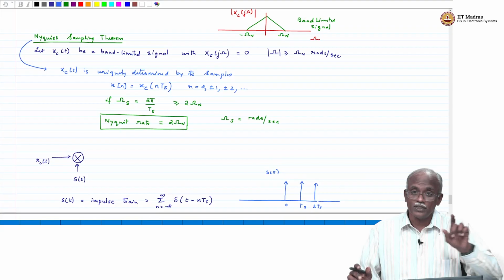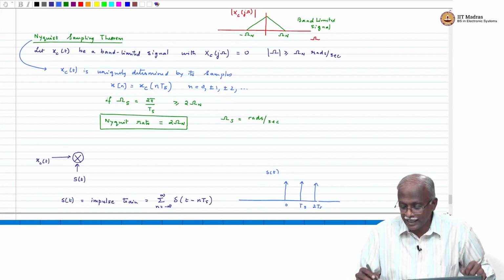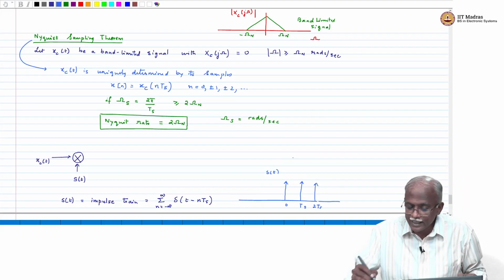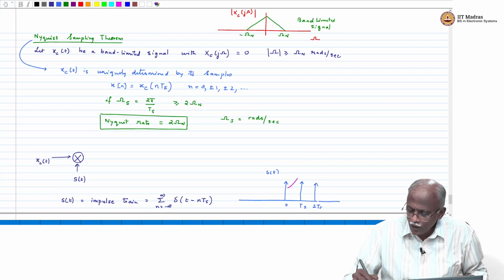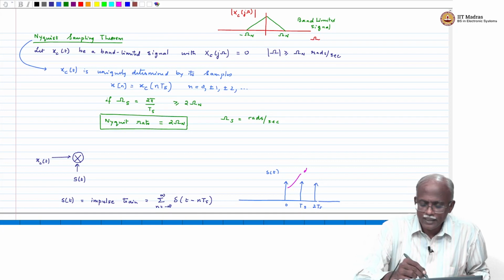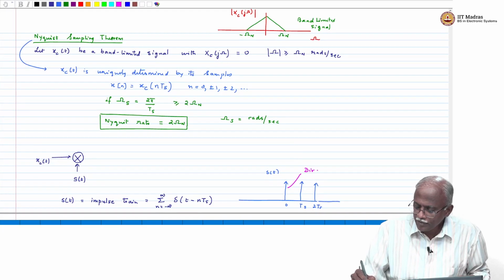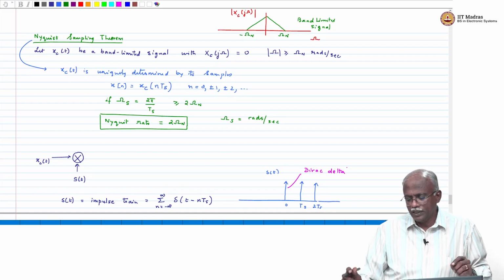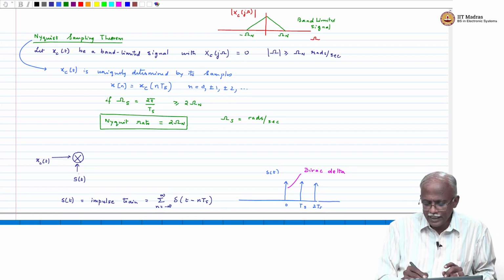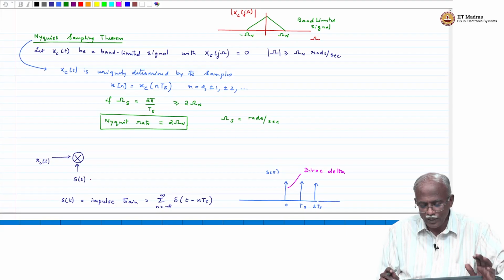We cannot specify it because that arrow goes to infinity. So all you can say is you draw an arrow and say that this is a Dirac delta function. So s of t is an impulse train that will multiply.